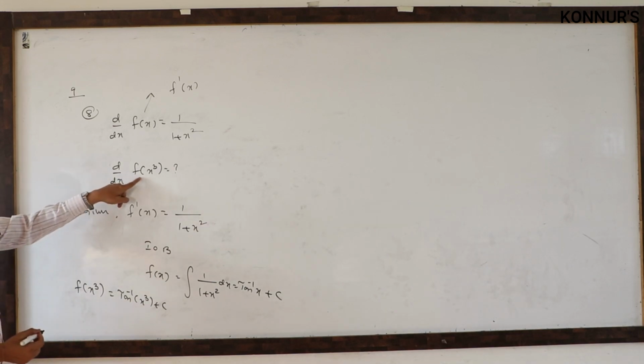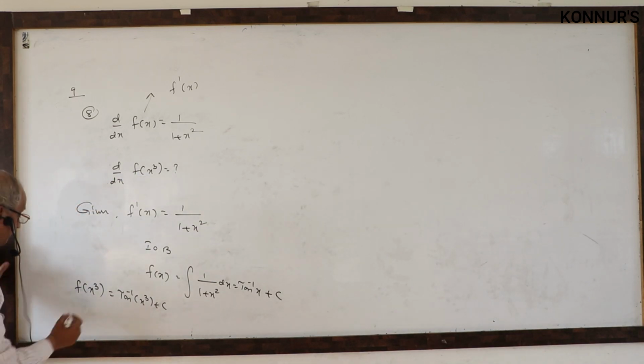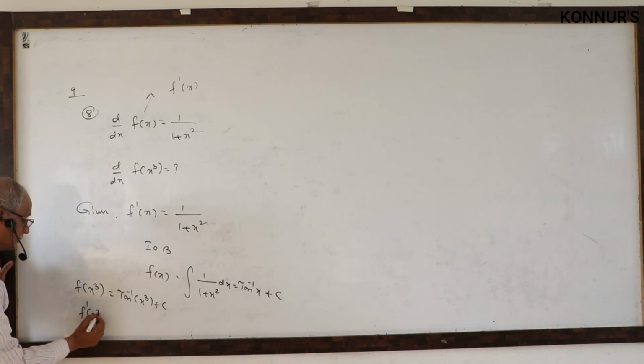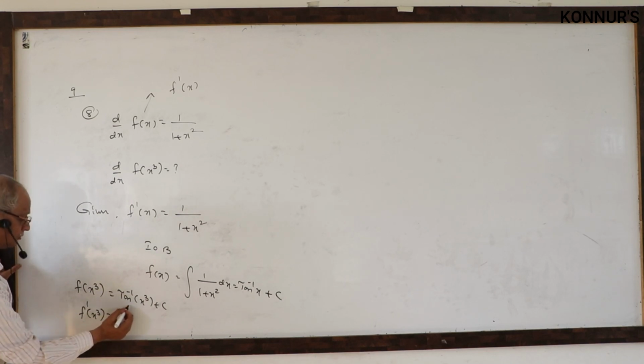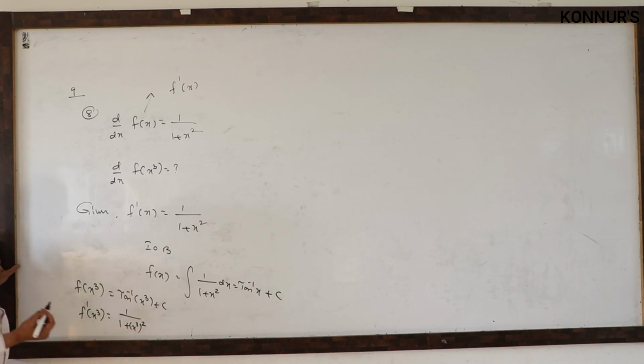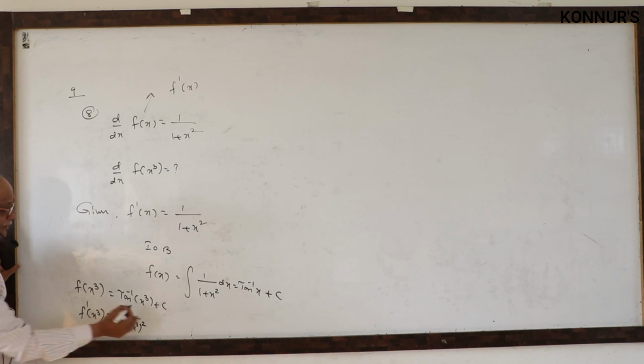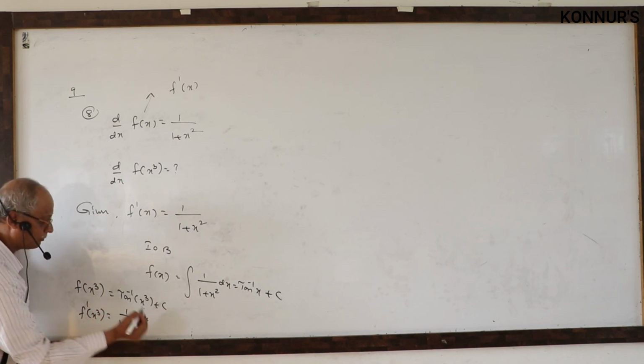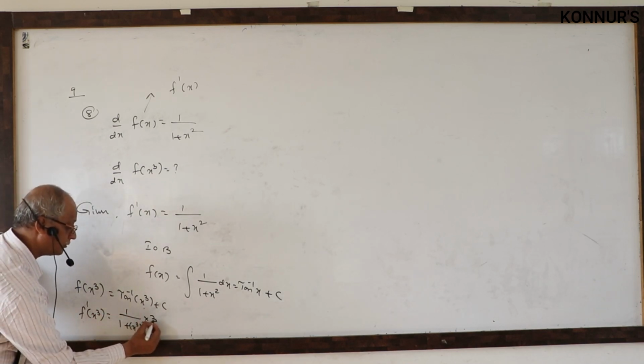They want the derivative, f dash of x cube. What is the derivative of tan inverse of x cube? Chain rule, function of function. Tan inverse derivative is 1 by 1 plus (x cube) whole square. What is extra? The second function x cube, multiplied by the x cube derivative, 3x square.